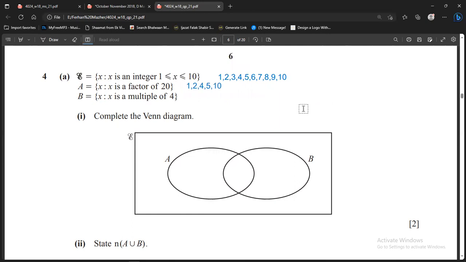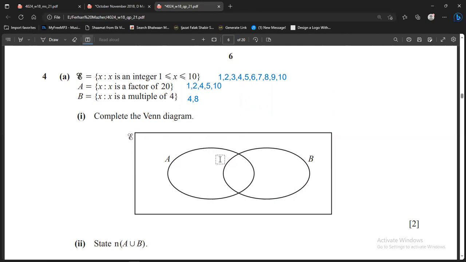So and then we have x. X is the multiple of 4. Multiple of 4 means the table of 4. Okay. So we can have here multiples of 4 are 4 and 8. That's it. Okay. He says complete the Venn diagram.